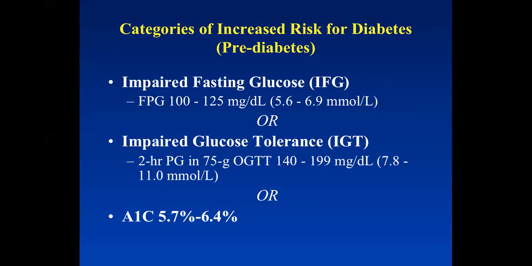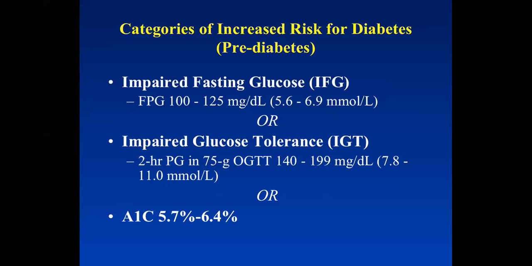And then we also talk about categories of increased risk for diabetes. So they don't have diabetes, they haven't developed diabetes yet, but they have a higher risk of developing it later. We also call this pre-diabetes. That is when these test levels are below your diabetic cutoff, but higher than a normal healthy person.